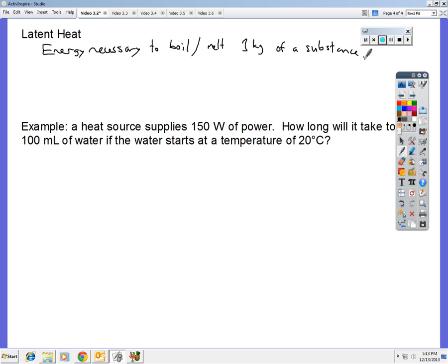Now, if you're talking about boiling, you'll call it the latent heat of vaporization. And if you're talking about melting, you'll use the latent heat of fusion. And those will generally not be the same for any given substance.